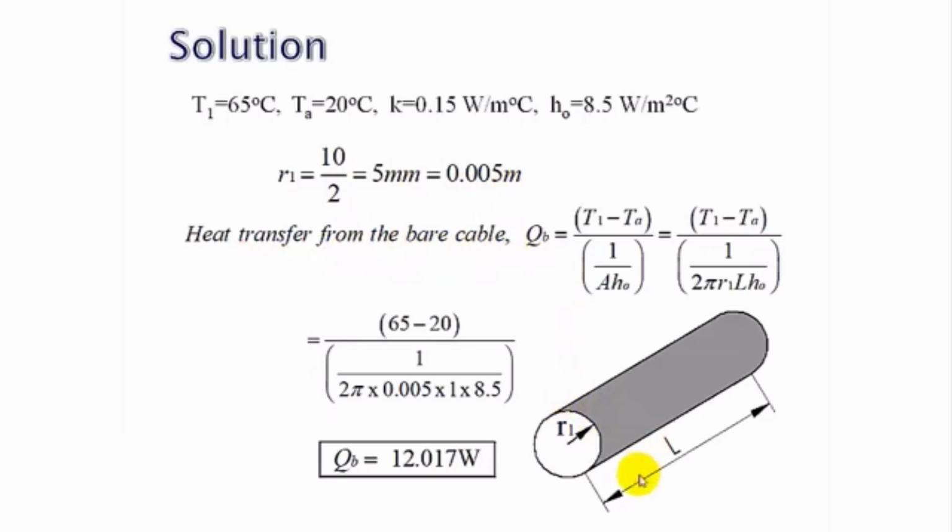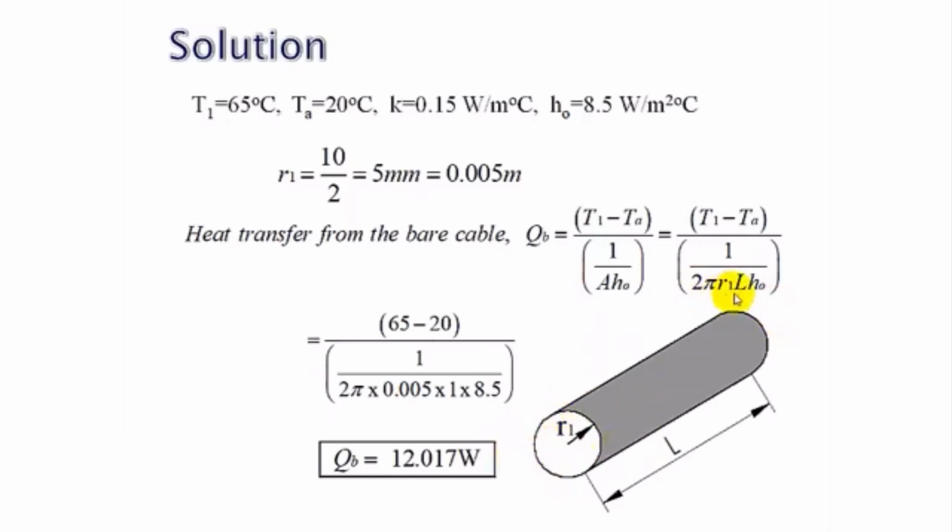Now you can find the heat transfer from the bare cable. When it is bare, before insulation, what was the heat transfer from the cable surface? Cable surface temperature is 65, ambient is 20, and convection resistance is 1 by A h0. So you use temperature difference divided by convection resistance. Convection is happening from the outside surface, and the area is perimeter 2 pi R1 into length.